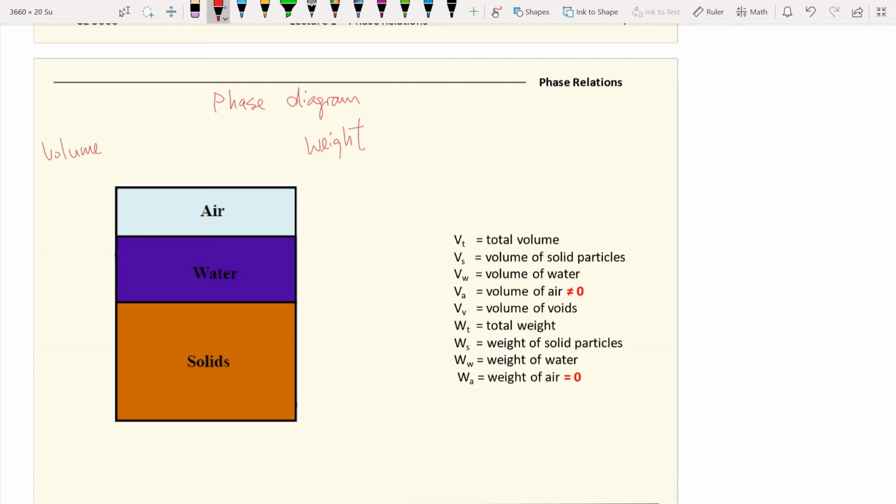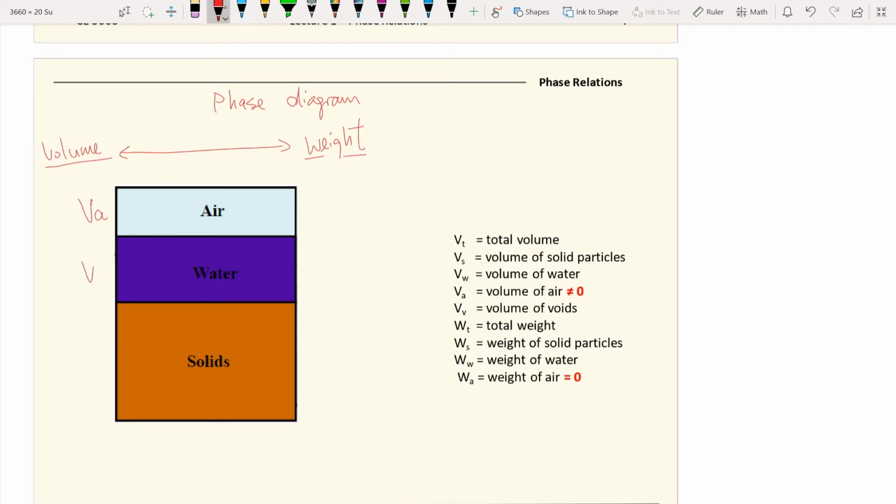So within the phase diagram, we have the weight and also we have the volumes. And very important, the purpose of the phase diagram is to link the information between the weight and the volumes. And for each phase, in the weight and volumes, we need to look at the air, water, and solid. For the volume part, the first term we talk about is the volume of air.